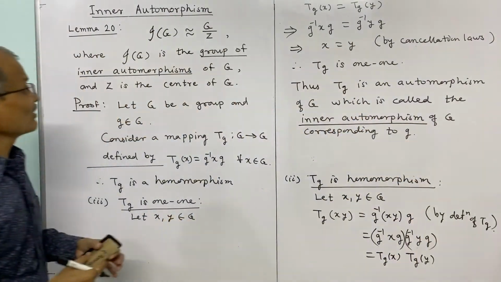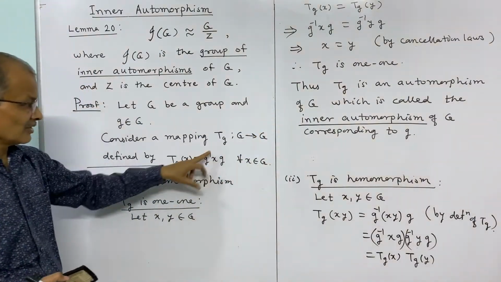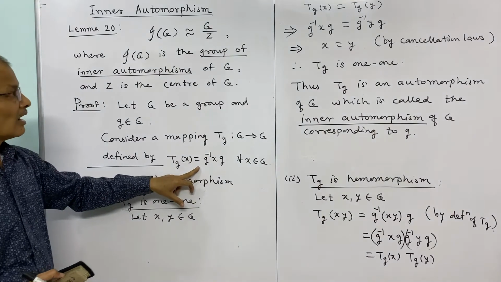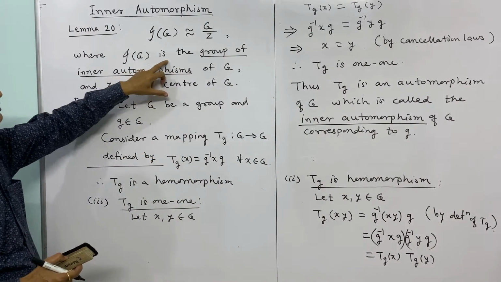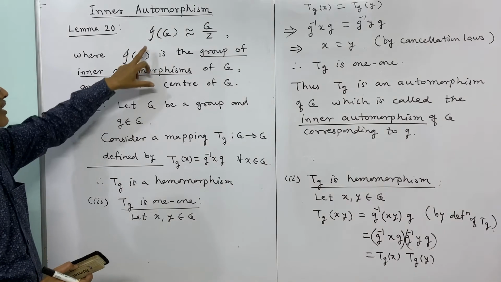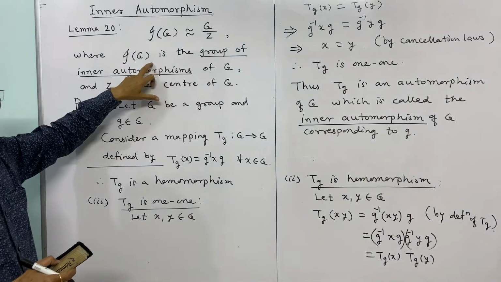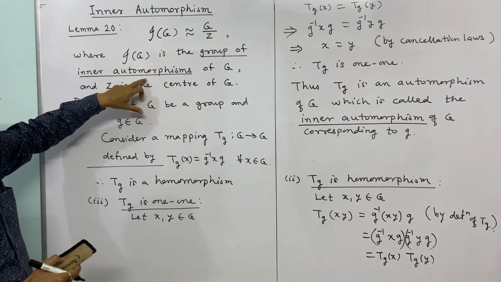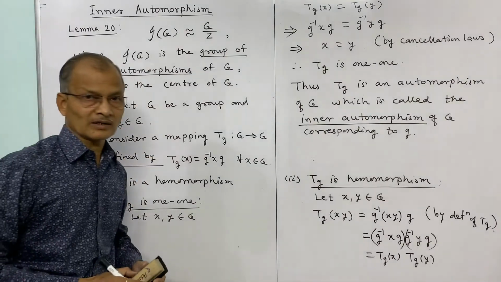So we have now defined the inner automorphism. Further, we have to show that Ig, the set of all inner automorphisms, forms a group.